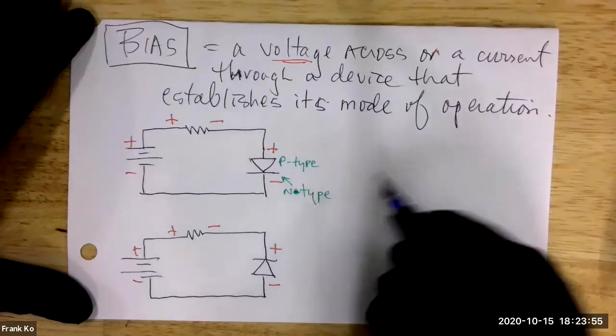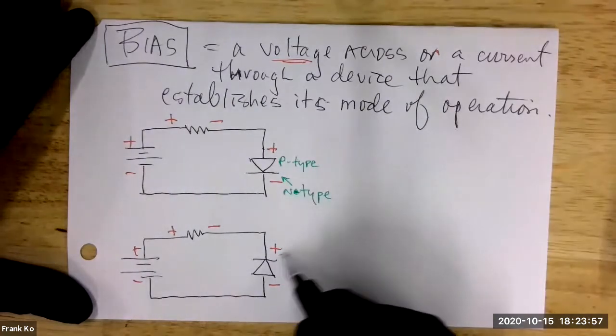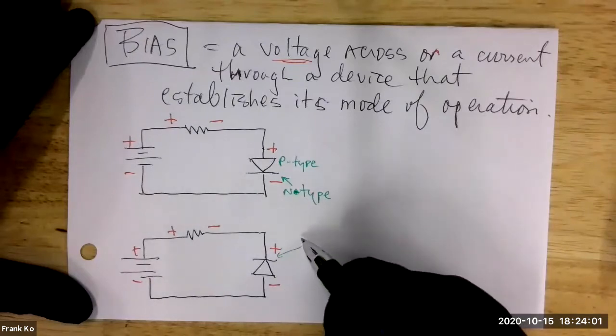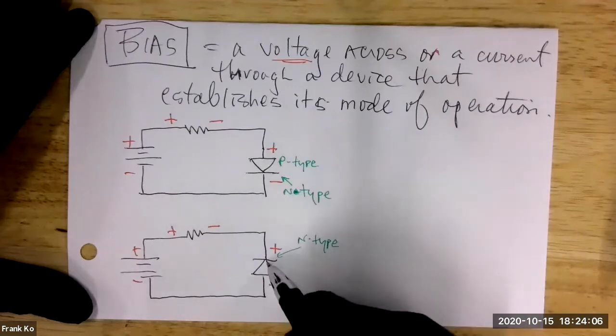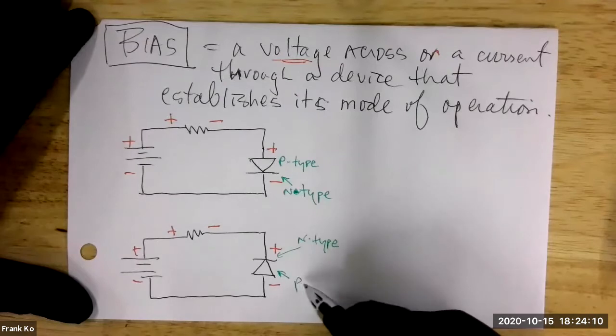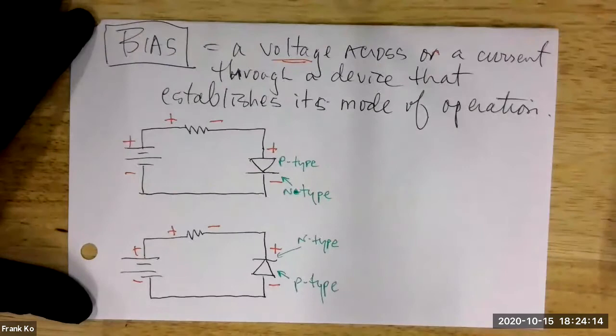N-type. And the same thing here. Over here, this is what type of material? That little bar designates this is N-type. And this triangle shaped like a pyramid tells you what type of material here? P-type. So far, so good.